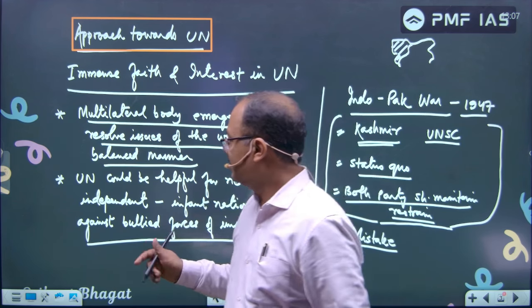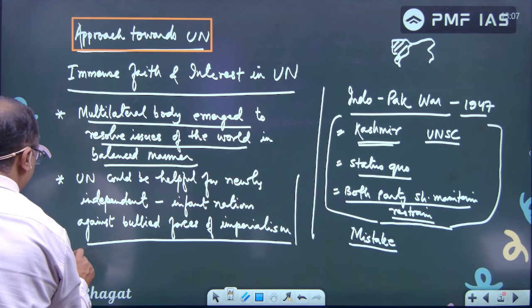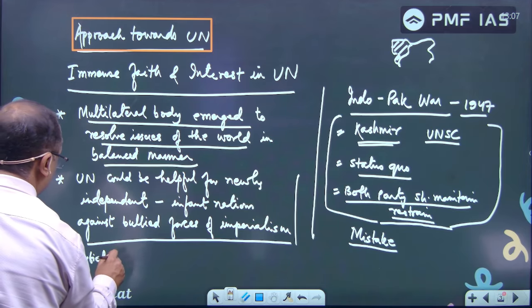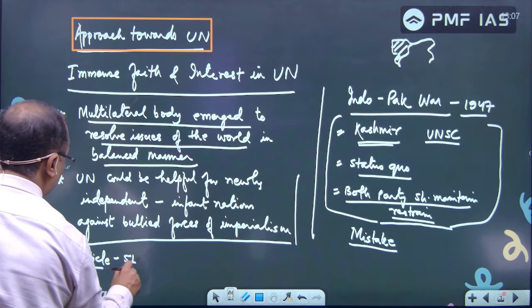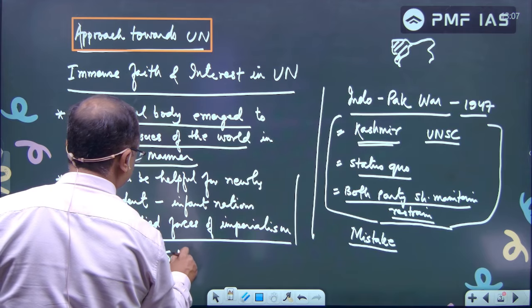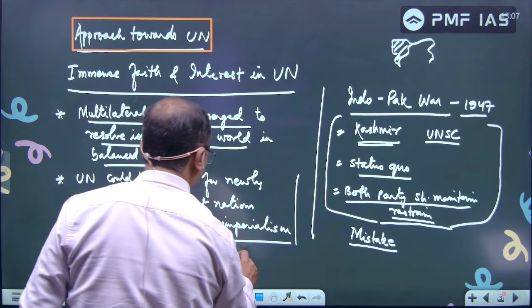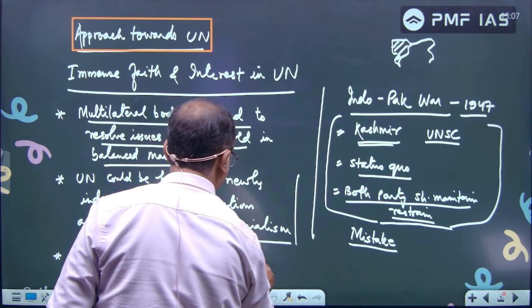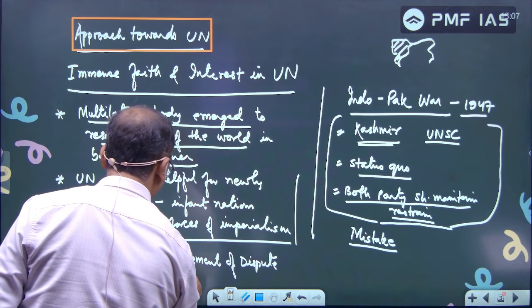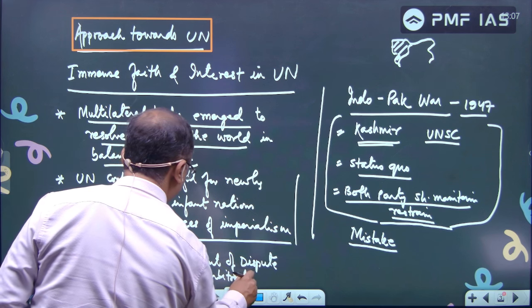And the third thing, it is his idealism also why he preferred the UN, because Article 51 mentions settlement of disputes through arbitration.